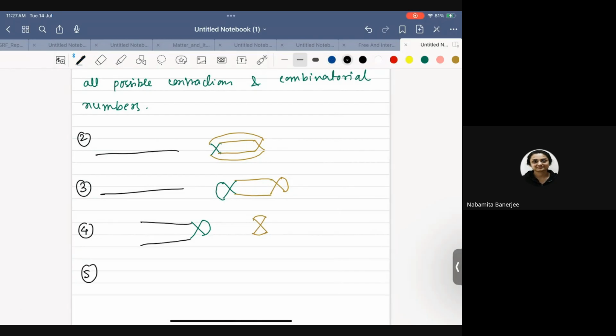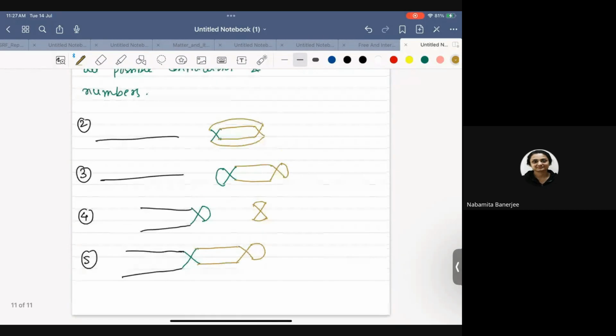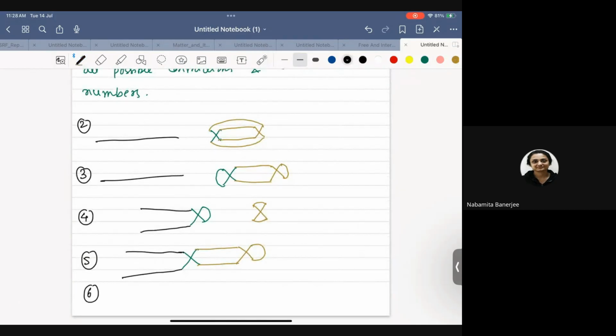Fifth one is this. So the way I am drawing, as if I am always giving a preference to the green one, but it's not like that. Yes. This is another possible diagram. Then the sixth one is this, another diagram.